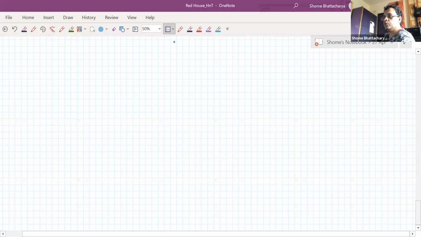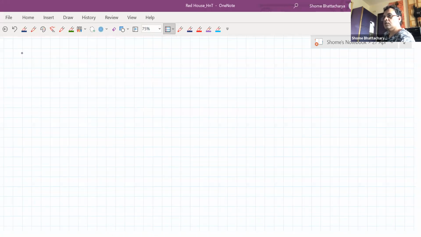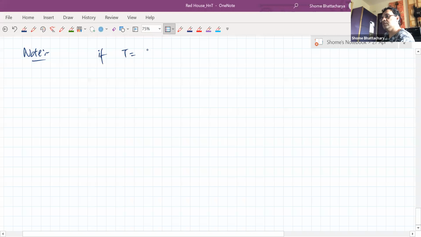Now next we move on to another important aspect of this. If a situation like this happens, that the temperature of the surface is equal to the temperature of the surrounding plus delta T, but such that delta T is small compared to T naught.